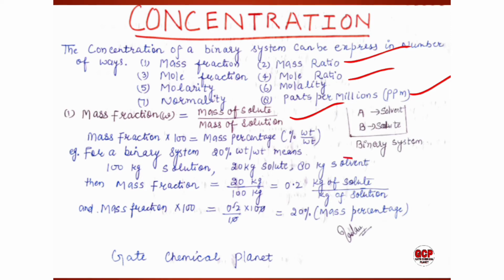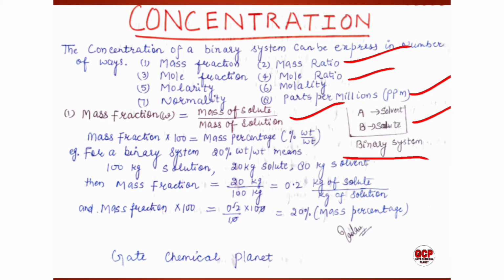Here we are considering a binary system, so only two components are there. First is the solvent, which is represented by A, and the second component is the solute, represented by B. Therefore, the mass fraction is equal to the mass of solute divided by the mass of solution.